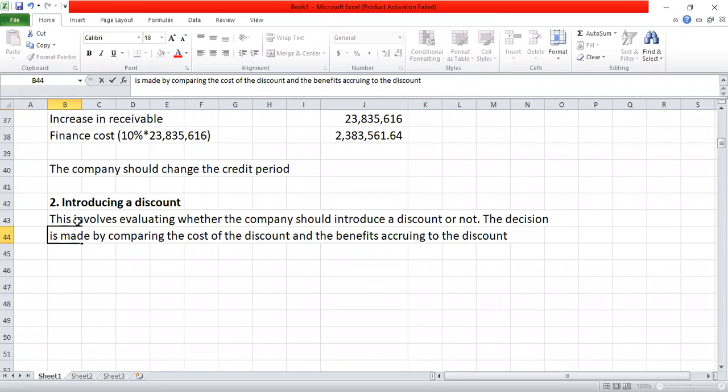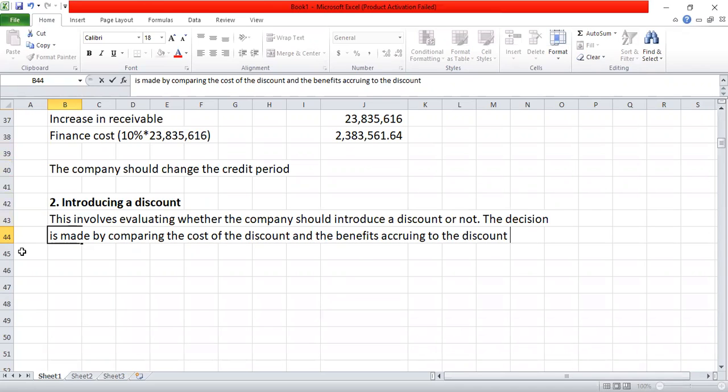We are looking at the second part, whether to introduce a discount or not. If you are to introduce a discount, you are going to look at the costs. What are the costs of introducing a discount, and what are the benefits? Then evaluate the cost and compare the cost and the benefits.